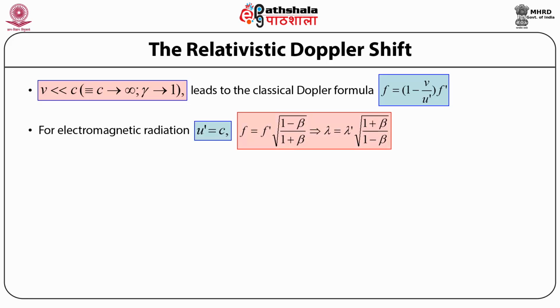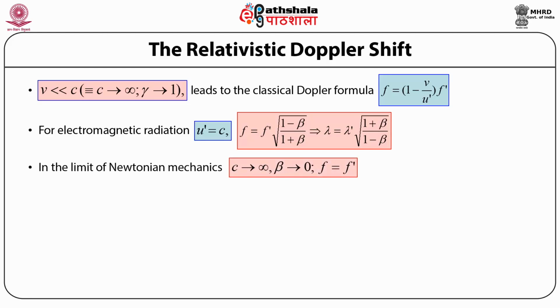For electromagnetic radiation, u' is equal to c, and therefore the Doppler formula from the above relation is given by f = f' times the square root of (1 - beta)/(1 + beta), where beta is v/c. It follows that lambda, the wavelength of the pulse, is lambda = lambda' times the square root of (1 + beta)/(1 - beta). Here lambda' is the wavelength of the pulse in the K' frame of reference, and lambda is the wavelength of the pulse in the K frame of reference.